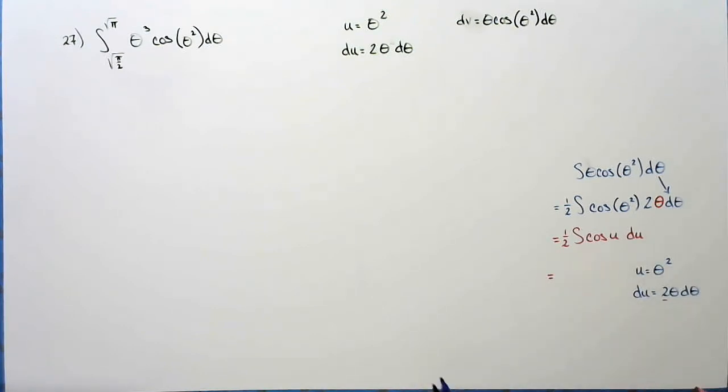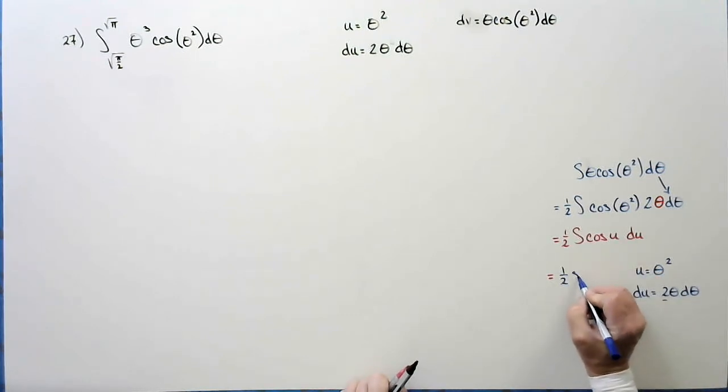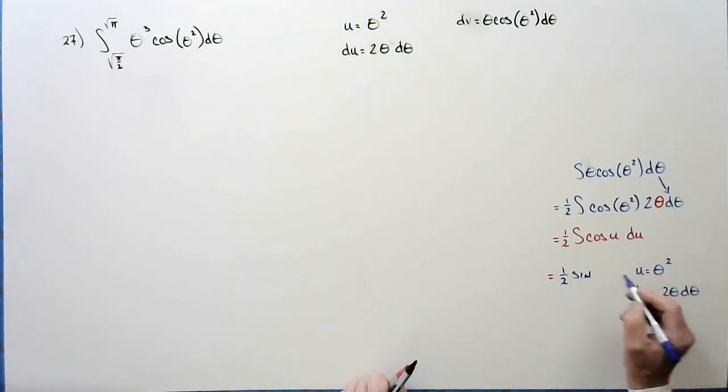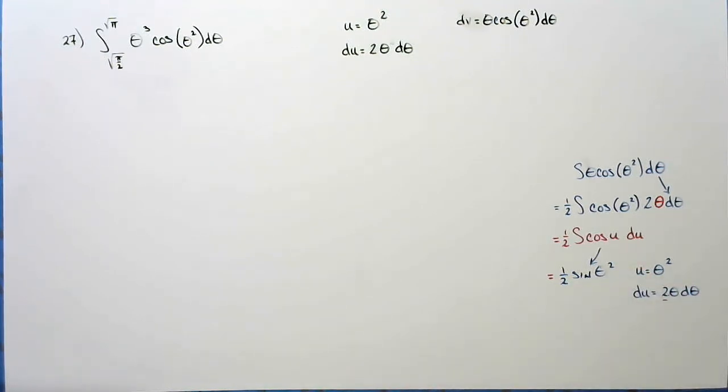And so when we integrate, we get the integral of cosine is sine, so we get 1/2 sine. u is theta squared. And our integral works. See, we weren't short a theta. We just didn't use the thetas appropriately.